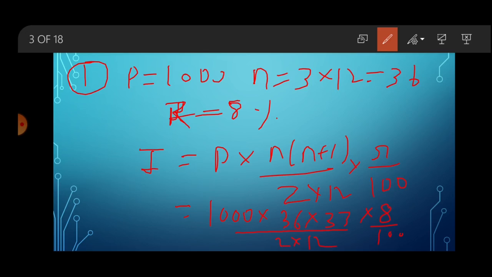Now I will solve it. 12 threes are 36, 2 fours are 8, so here you get 4, and these two zeros will cancel with these two zeros. Now what we have is 10 into 3, that is 30, into 37 into 4.